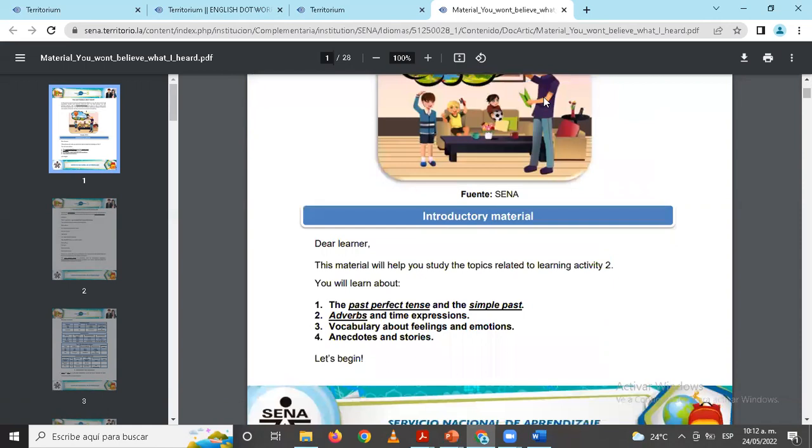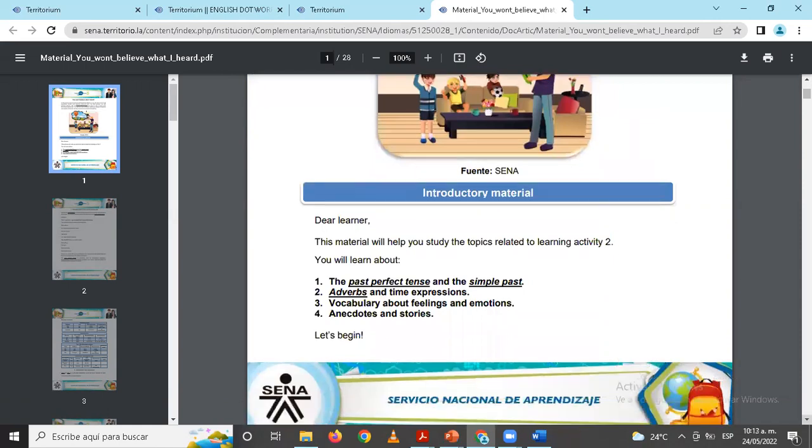And in this activity, we are going to review some grammar related to past perfect tense and simple past, adverbs and time expressions we use to talk in these tenses. And you will also find some vocabulary related to feelings and emotions, and then some information to help you build longer structures to talk about anecdotes and stories in English, okay?